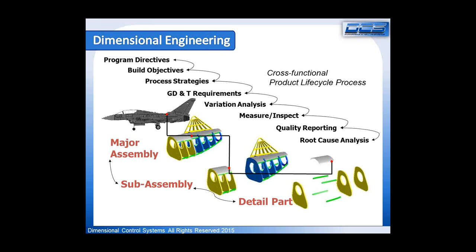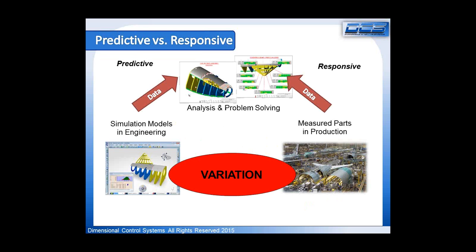And then there's a series of activities that go right on through down to the end state of manufacturing and doing problem solving or root cause analysis, and having all of those elements be interrelated. The objective of all of this activity in dimensional engineering is all about controlling variation.